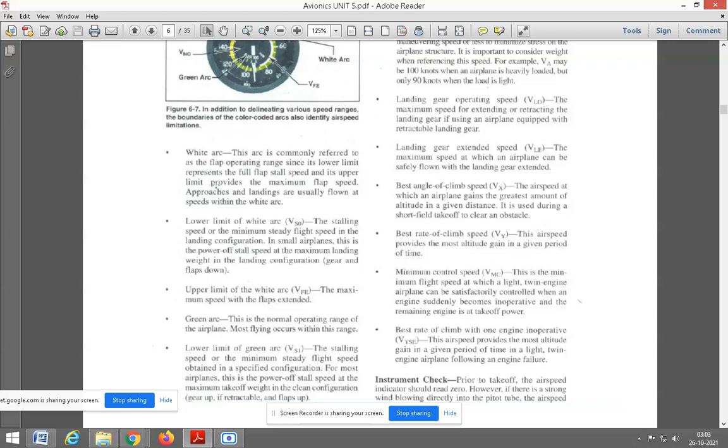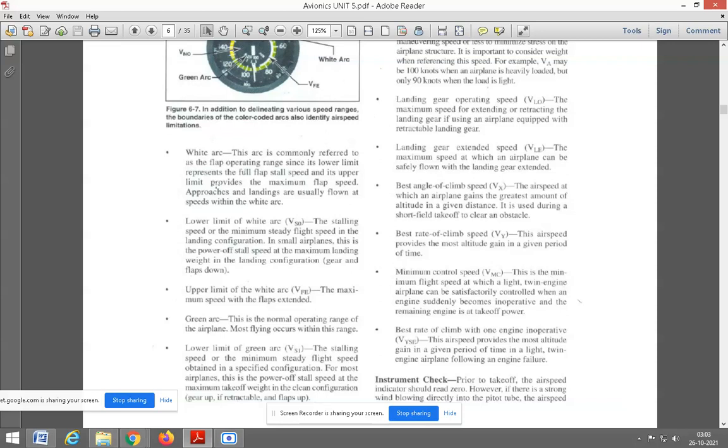Whichever arc we take, there will be a limitation, that is, a lower limit and an upper limit. The lower limit will indicate one value, and the upper limit, the higher maximum limit, will provide some value. Those are the limitations. Each arc will have its individual limitation.